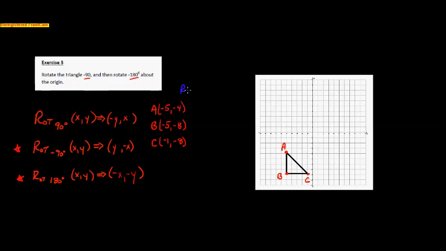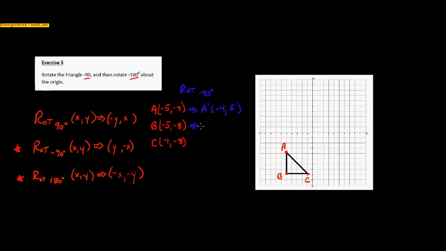Hopefully by now you're getting the hang of this. We've got a rotation of negative 90, which, going by my rule, says switch the x and y around, but make sure you negate the x. So A prime is going to be negative 4, comma 5. You notice that I didn't change the negative 4, I just changed where it was, but I negated the negative 5 to give me a positive 5.